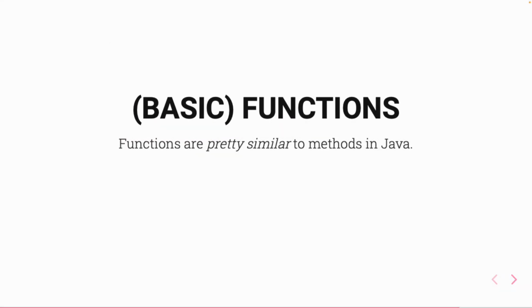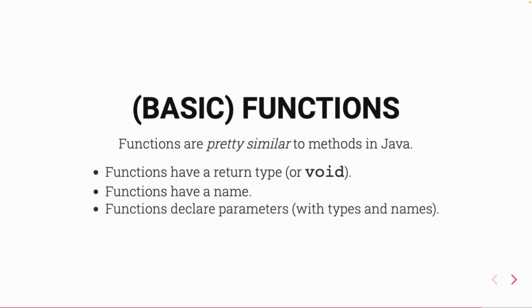Now let's talk about functions, which are pretty similar to methods in Java, but have a few important differences, most of which stem from the fact that C is not object-oriented. So they have a return type, or void if you're returning nothing. They have a name. They declare parameters with types and names.